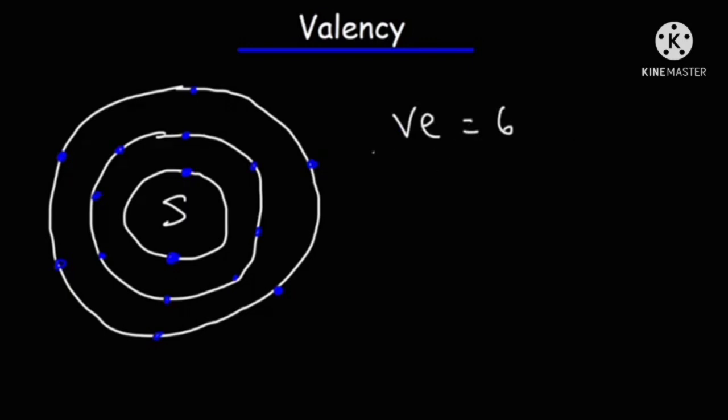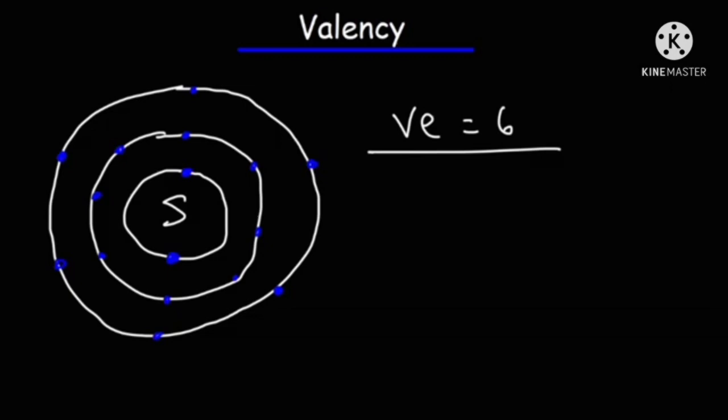Okay now, what is the valency? That means my dear children, here we will see in the periodic table some elements will have variable valency. Some elements will acquire electrons in order to get stabilized.